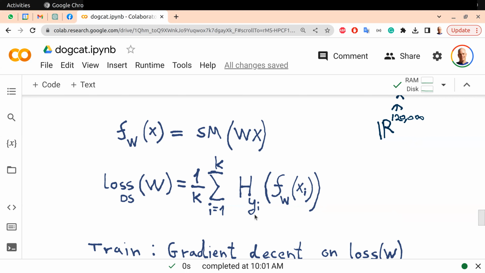I still haven't understood why you're using cross entropy rather than just Euclidean distance or any measure of distance. Yeah, that's a good point. First, we are trying to measure a distance between two probabilities.